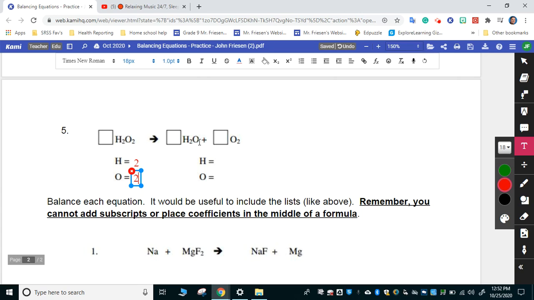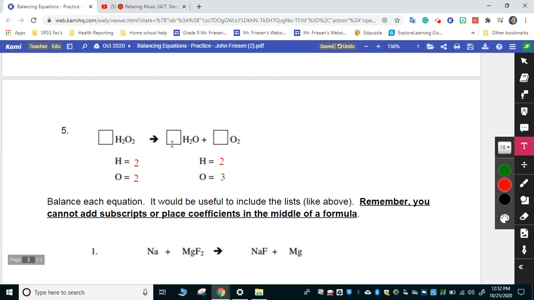We've got 2 here. 2 here, and then there's 1 here, but you'll notice there's also 2 here. So that means that there are 3. That's 1 plus 2, which is 3. Okay, now is that balanced? Well, I mean, we have this balanced, but we don't have this balanced.